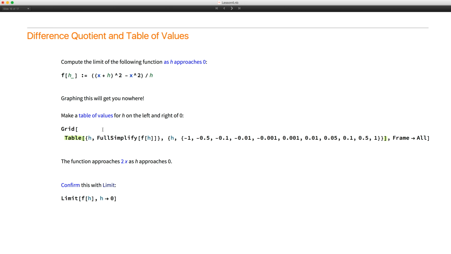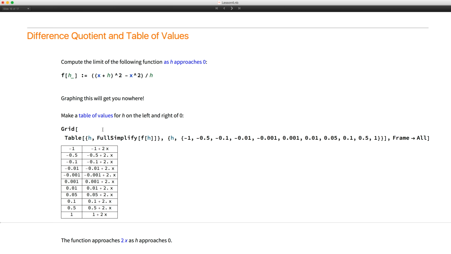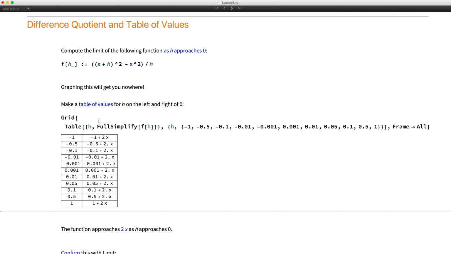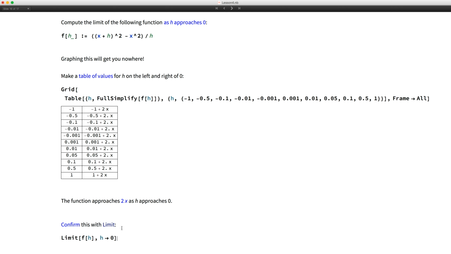But what you could do is make a table of values, and then what you see is, roughly speaking, if you expand it out, you get x squared plus 2xh plus h squared minus x squared. So if you do a bit of algebra, it'll be clear to you that what's left over is just 2x. So the limit over here is just going to be 2x.